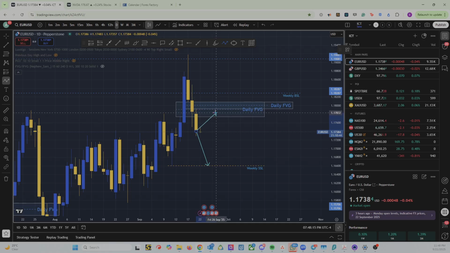We're looking at price going from here to ending somewhere here and then dropping all the way to the downside. All right, so these are the two scenarios that I'm looking at actually happening for this week. Will we see price do that? Let's see what happens.